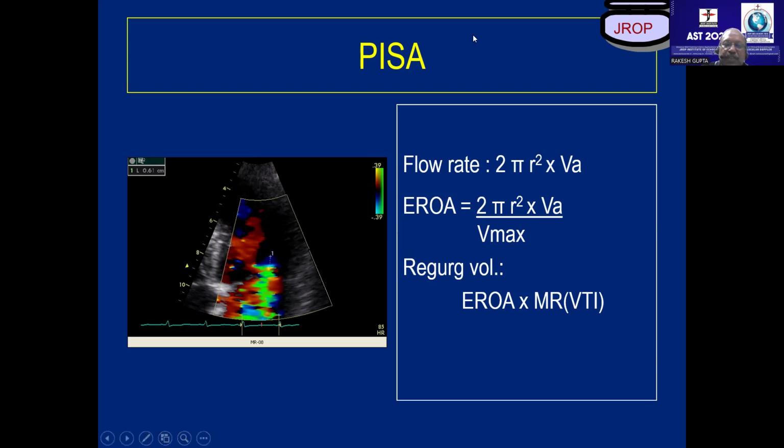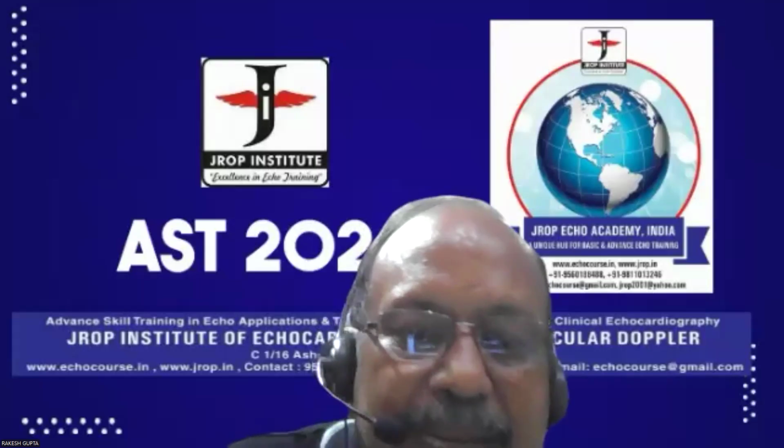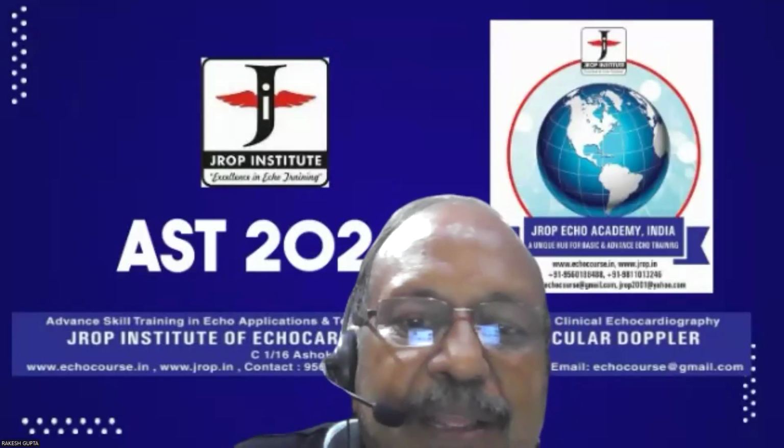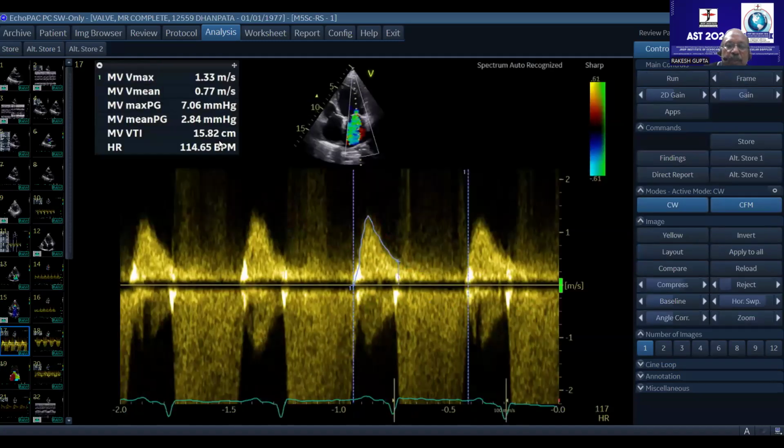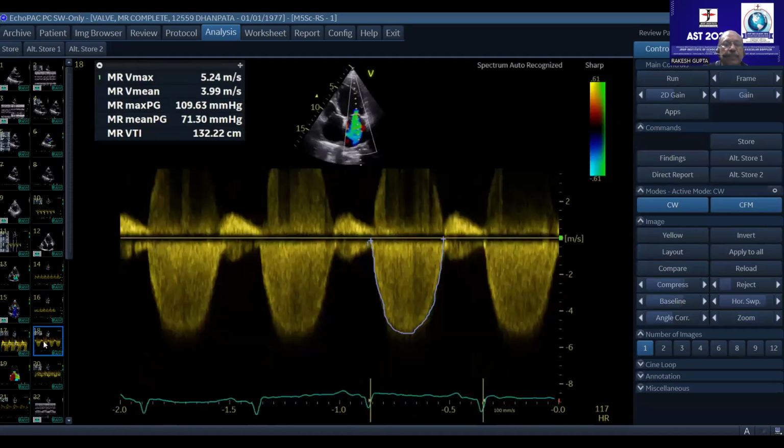So let's go back to that image again and look at what our VTI was. The VTI is 15.82. Can you see this screen? Hello, everybody. Can you see the screen or not? Yes, sir.